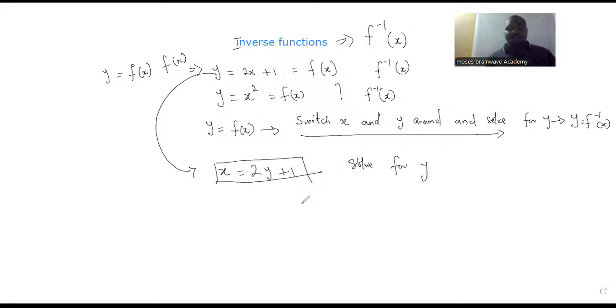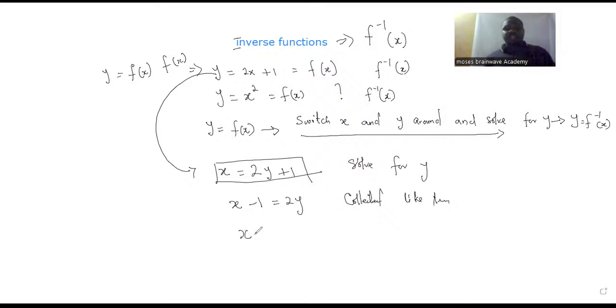I will solve for y. So over here, by simple algebra, I'm going to take 1 to the other side and collect like terms. I have x minus 1 is equal to 2y. I just collected like terms over here. So what am I going to do next? I'm going to divide by the coefficient of y.